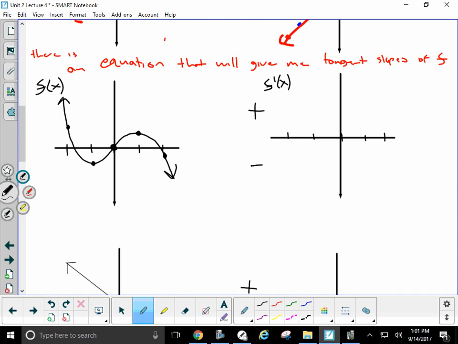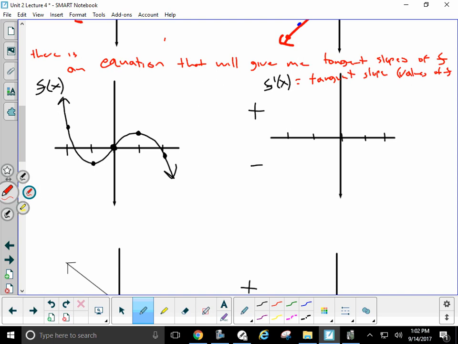Again, that's what f prime of x is. F prime of x is the tangent slope values of f. So plot your tangent lines, sketch your teeny tiny tangent lines, and then plot your points. And let's see, does this one create a line?